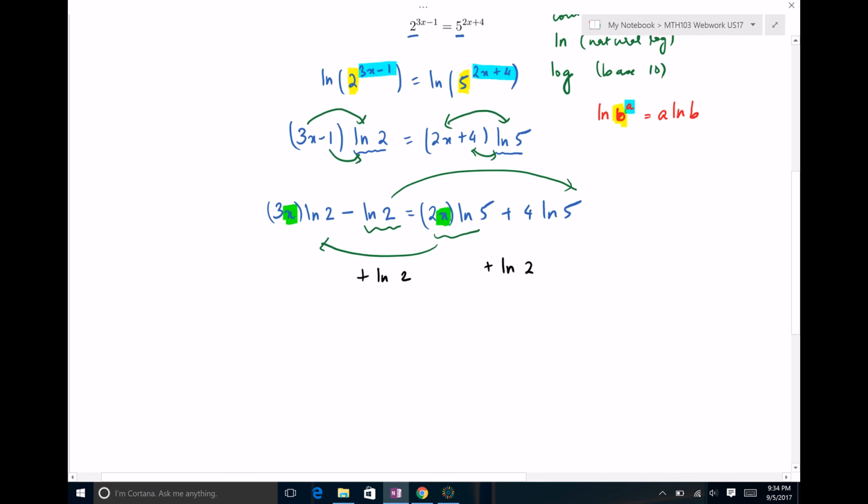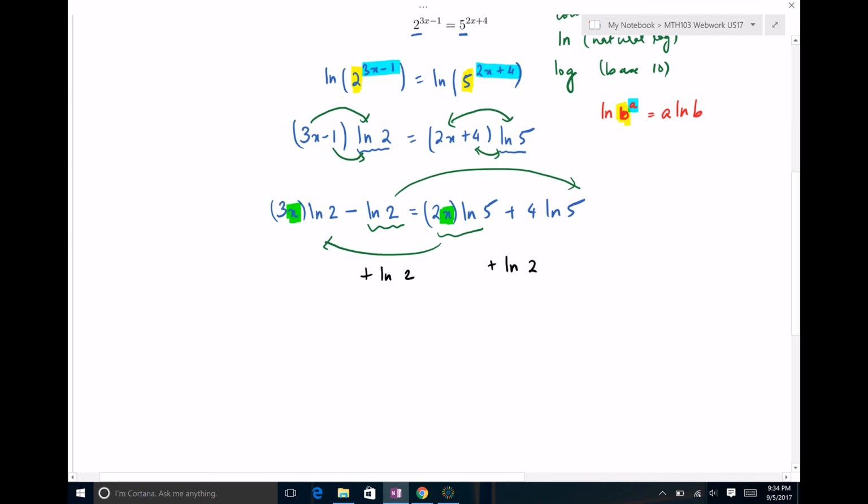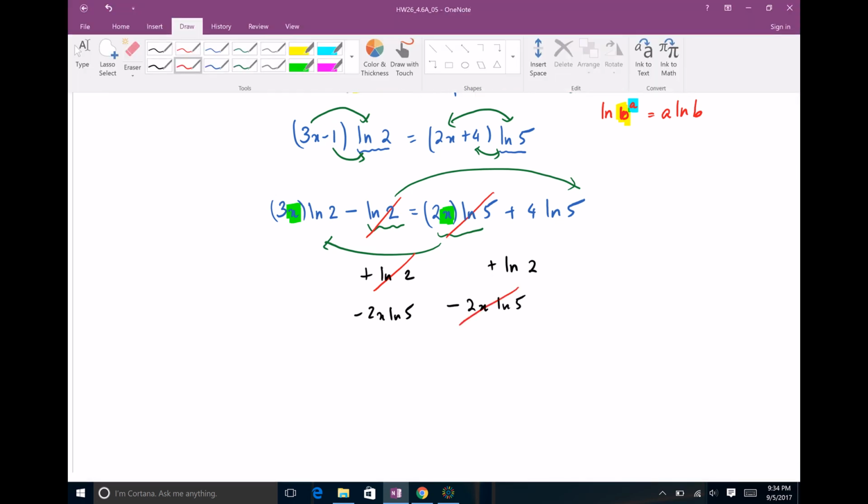And in order to take 2x times natural log of 5 over to this side, I'm going to subtract 2x times natural log of 5 from both sides of the equation. Now once I do this, from the left hand side natural log of 2 cancels, and from the right hand side 2x times natural log of 5 cancels.